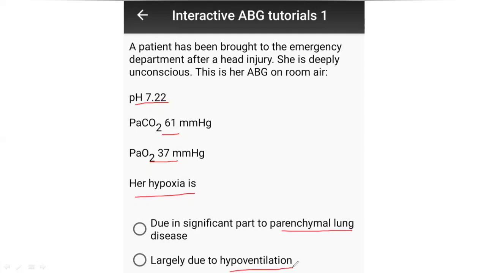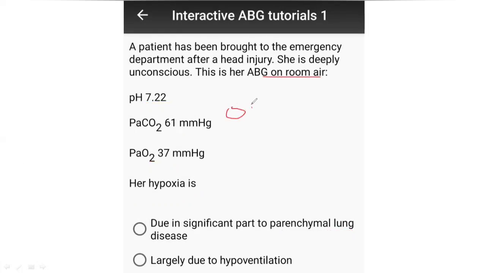Now again you have to do the drill. You have to put the values. You have to calculate the capital PA, and then subtract the small PA from that. Now you know the formula. You have to multiply. The patient is on room air.